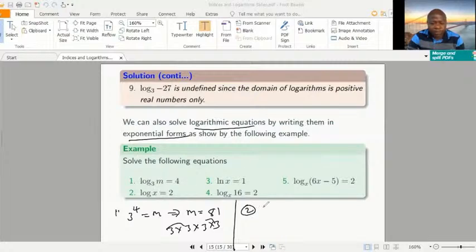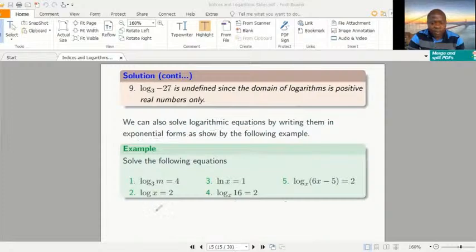What is x? The question that I have there is log of x to base 10, because the base is silent, so I make it 10. And this is 2. So I write this in index form. It will be 10 raised to 2 is x. That means that x is 100. These are simple questions, just solving.